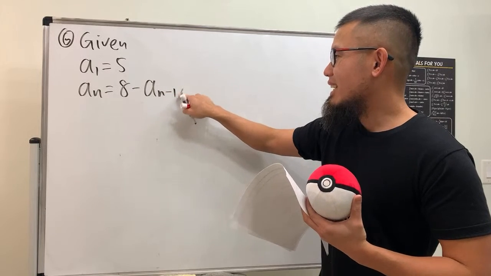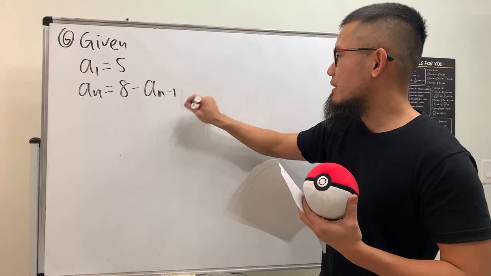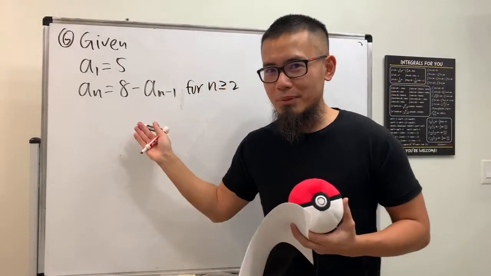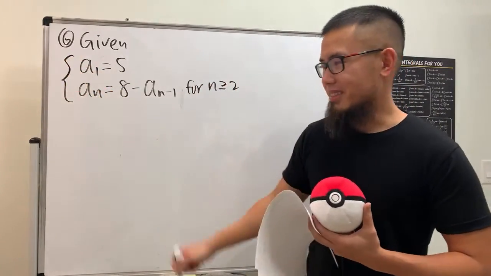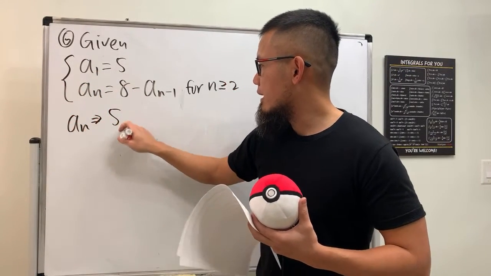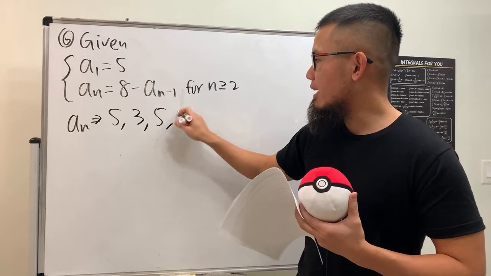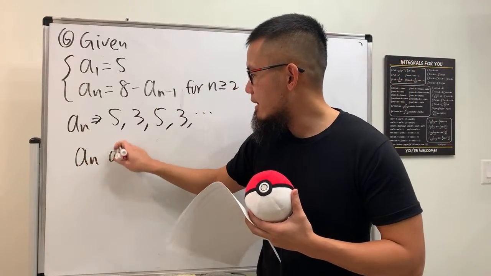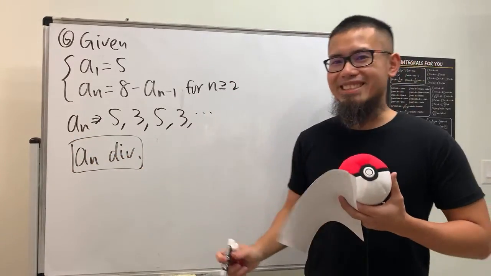I didn't mean to trick you guys. This is true for n greater than or equal to 2. So this is the real number 6. Earlier it was the fake number 6. Based on this, an is equal to, starting with 5, and then 8 minus 5, which is 3, and then 8 minus 3 is 5, and 3, and so on. Therefore, an diverges. So this is number 6.